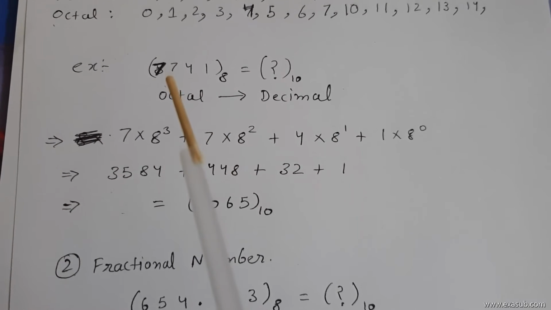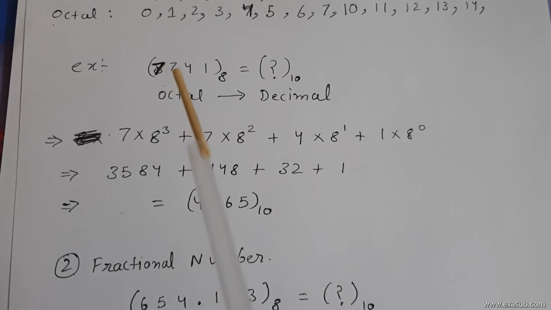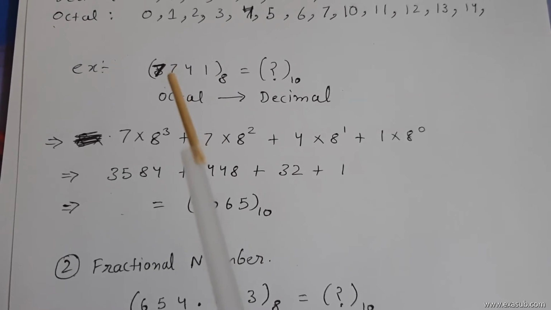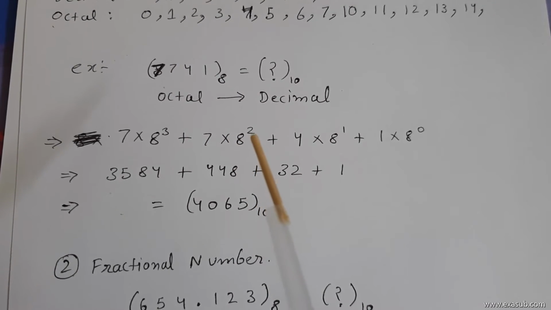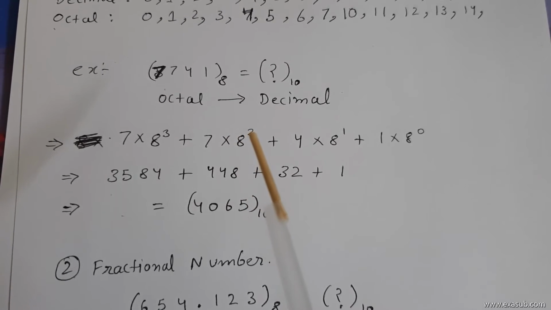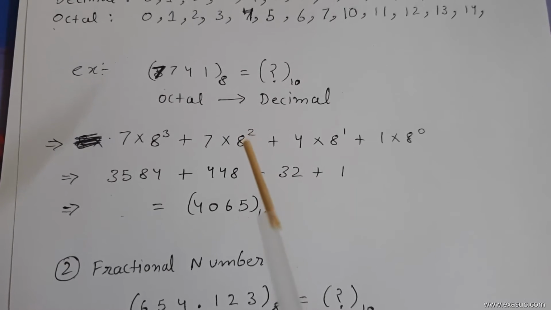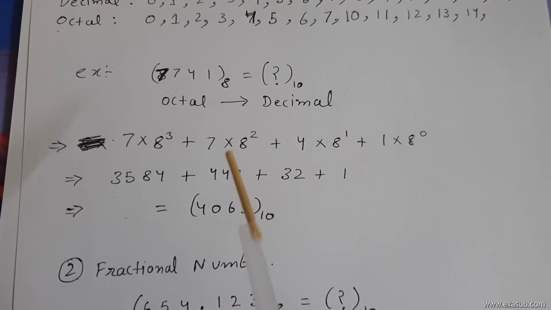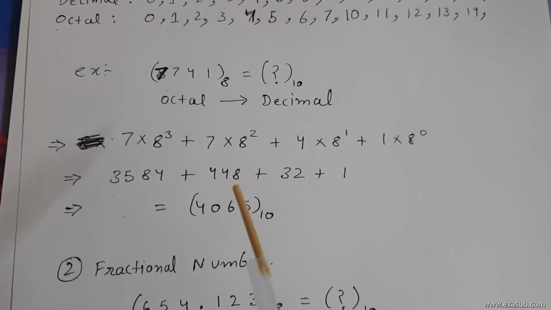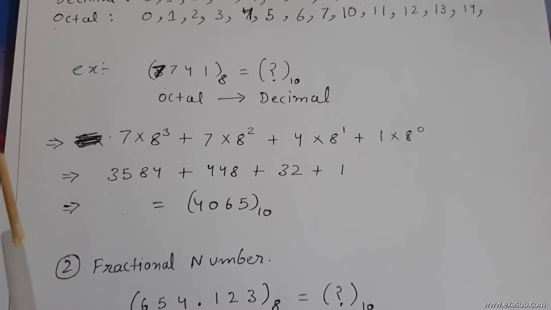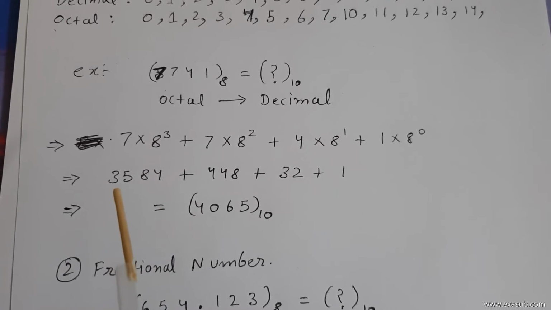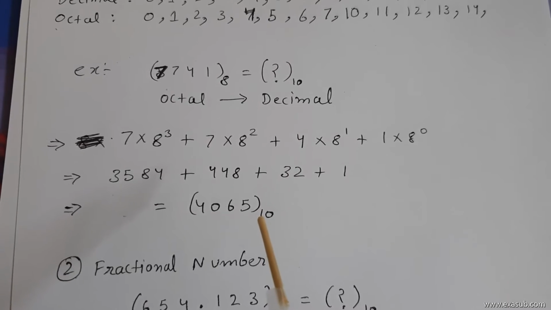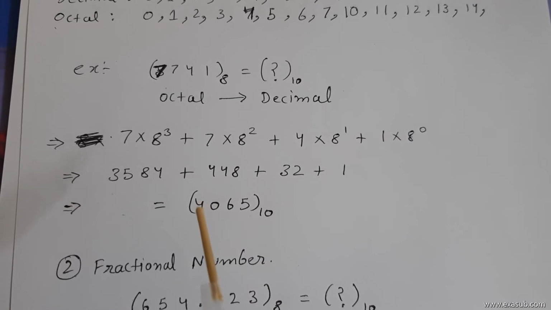Similarly 7 has a positional value of 2, and its weight is calculated by 8 to the power of 2 multiplied by its face value, 7, which gives us its place value of 448. Similarly we move on to the other digits, and if we add all these values we will get 4065, which is in decimal.